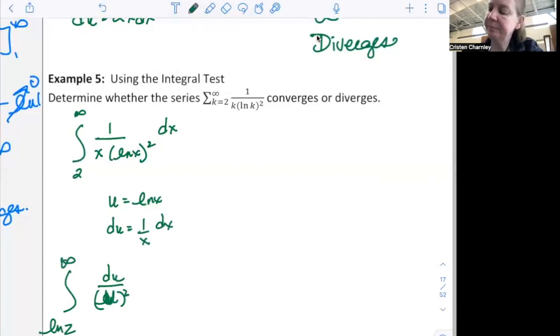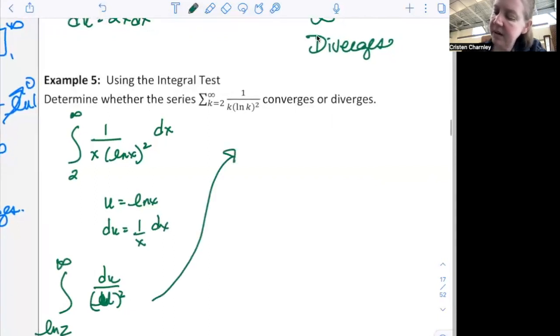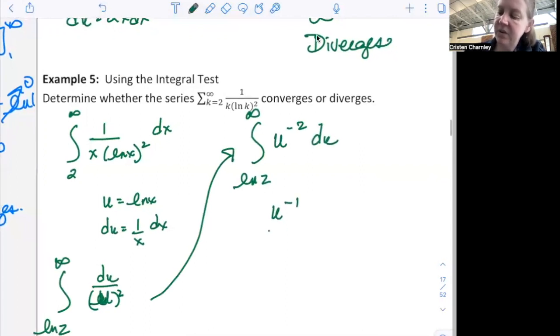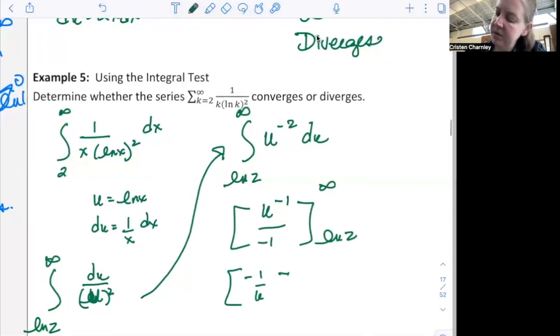which is still infinity. So I'm going to come up here. u to the negative 2, natural log of 2 to infinity. This is du. The antiderivative is u to the negative 1 divided by negative 1 between natural log of 2 and infinity. Negative 1 over u between natural log of 2 and infinity. This becomes negative 1 over infinity minus a negative 1 over natural log of 2.